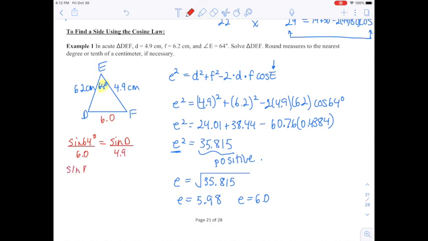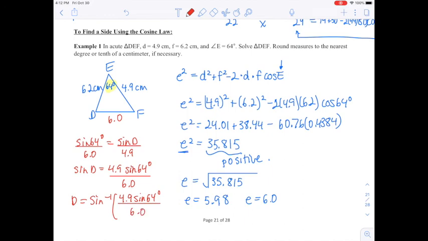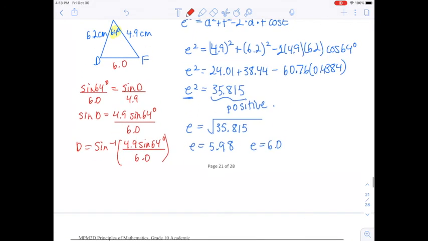So I know that sine d equals 4.9 sine 64 degrees over 6.0. And that means that d equals sine inverse. Remember, d is an angle. Okay, so what do we get there?